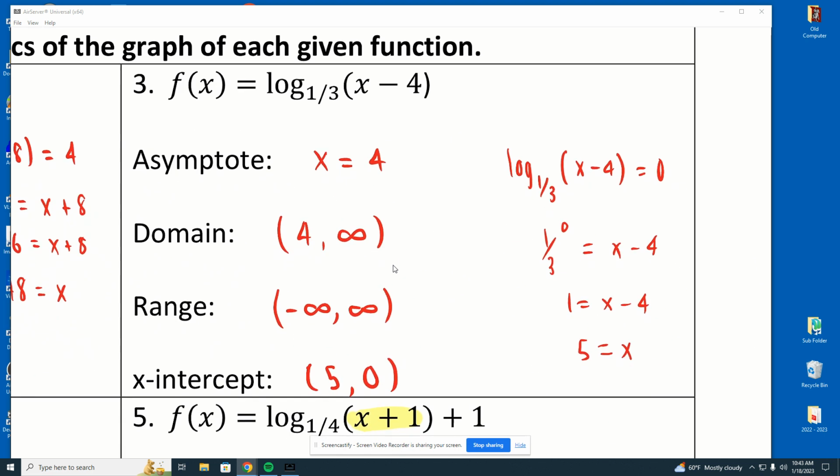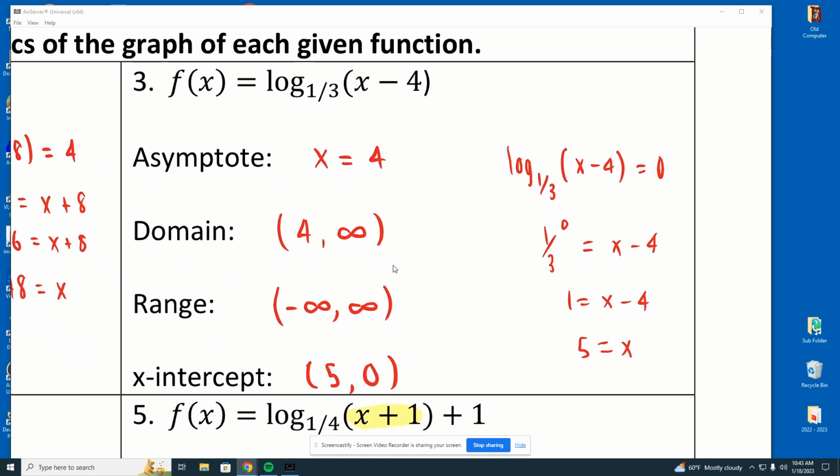All right, here's number 3. Again, your graph has a horizontal shift of 4 to the right. So your asymptote moved to x equals positive 4. That restricts your domain, so 4 to infinity. Your range is unlimited, negative infinity to positive infinity.